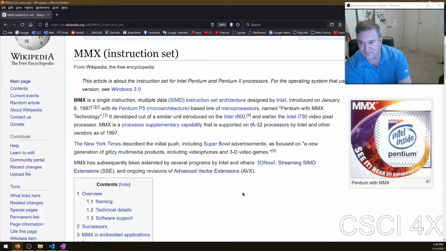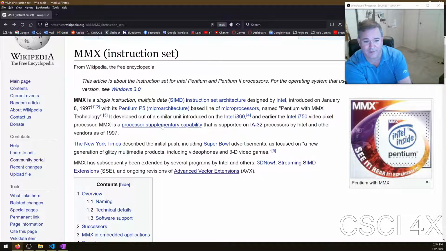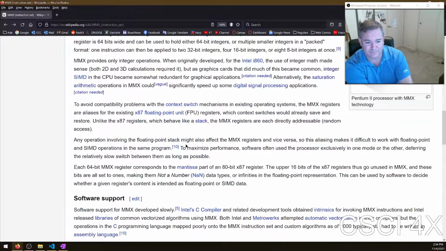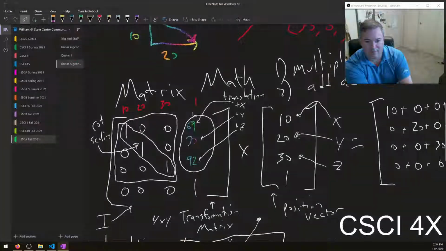So that approach, though, is still being done today. For example, my i9-7900X has what's called AVX-512 in it, which is the latest version of the thing that started 24 years ago with MMX. It allows you to do basically a row of multiply and adds in a single operation.